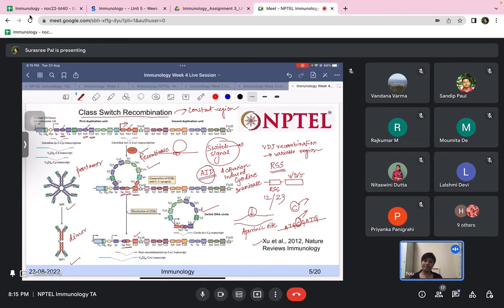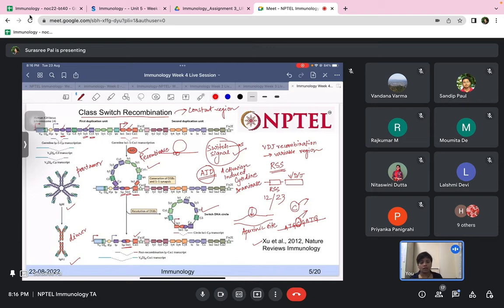The DNA has the exons of other constant regions of the immunoglobulin as well. During the later phase of infection, the switch regions and switch signals are present, which determine which region will recombine with what.